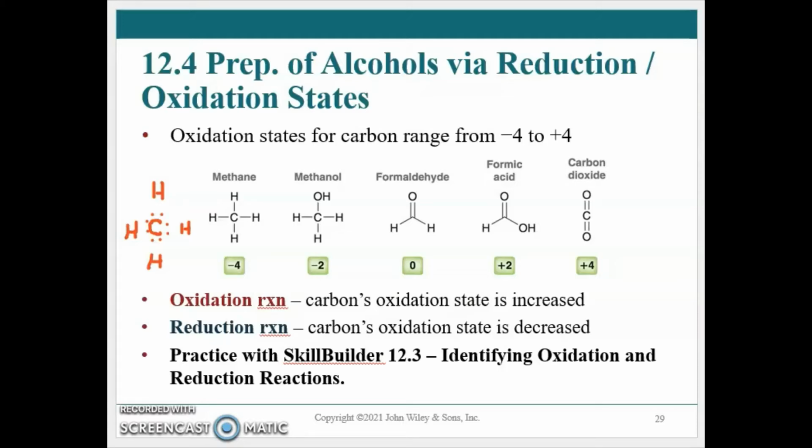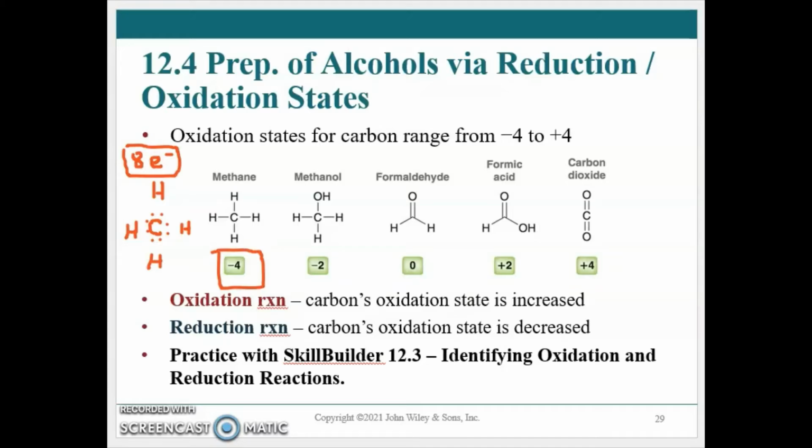So there are 8 electrons assigned in this bookkeeping method, with 4 valence electrons for the atom. There's an excess of 4 electrons, which gives us our -4 oxidation state. So we've done methane and methanol.